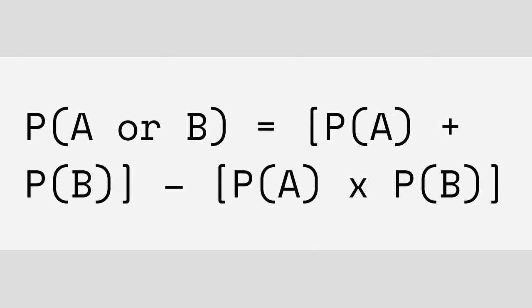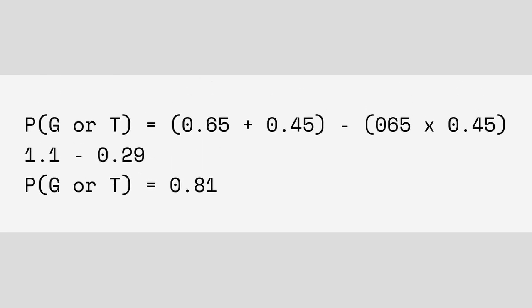So if two events are not mutually exclusive, the probability of A or B would be the probability of A plus the probability of B minus the probability of A multiplied by the probability of B. As we said, the probability of Michigan winning the game is 0.65. The probability of Michigan winning the Big Ten is 0.45.